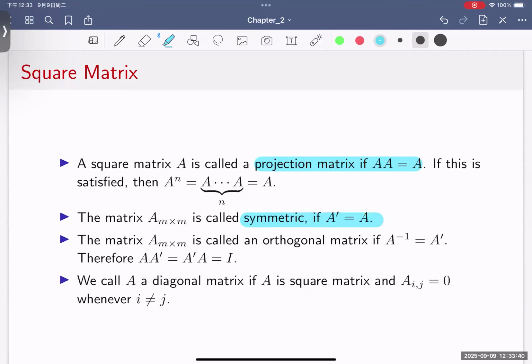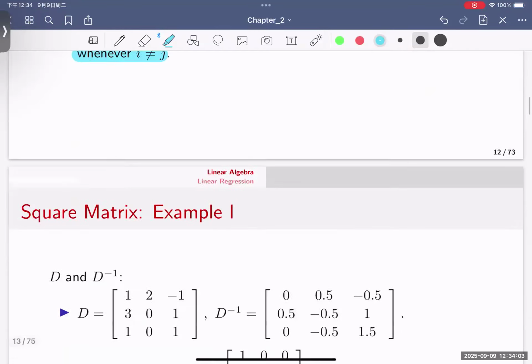Also the orthogonal matrix, whose inverse equals A transpose. And a diagonal matrix, where all off-diagonal elements are zero. We have these four types of matrix, and sometimes we will directly call the name, so you should know the property of each.